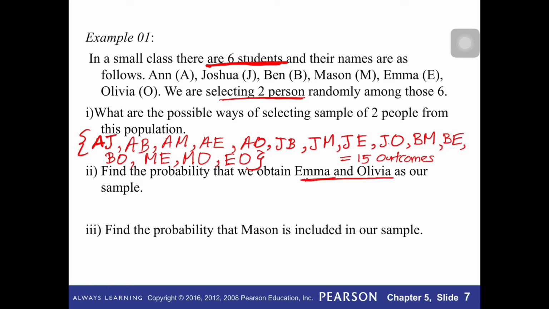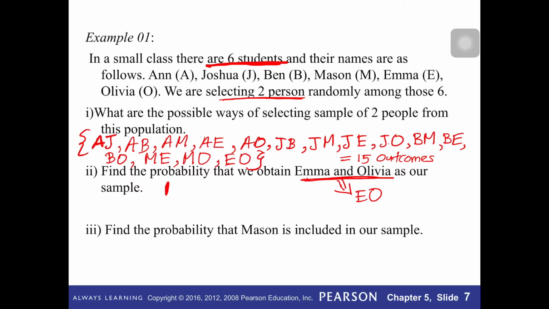Emma and Olivia, so this means E and O. Okay. So you can check this pair, Emma and Olivia. It is in the last pair. So we have only one. Emma and Olivia only once, right?